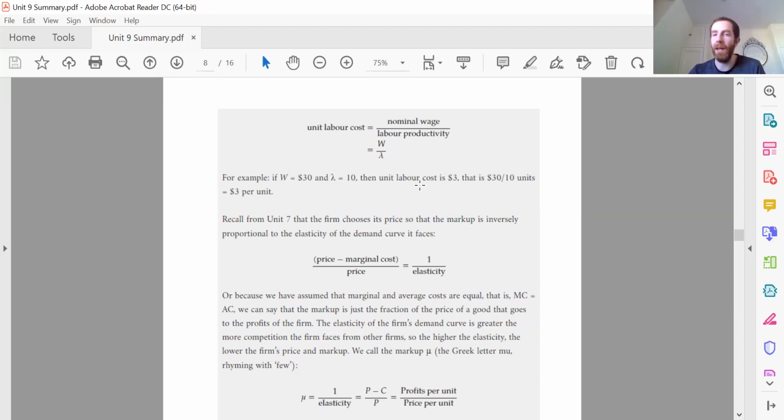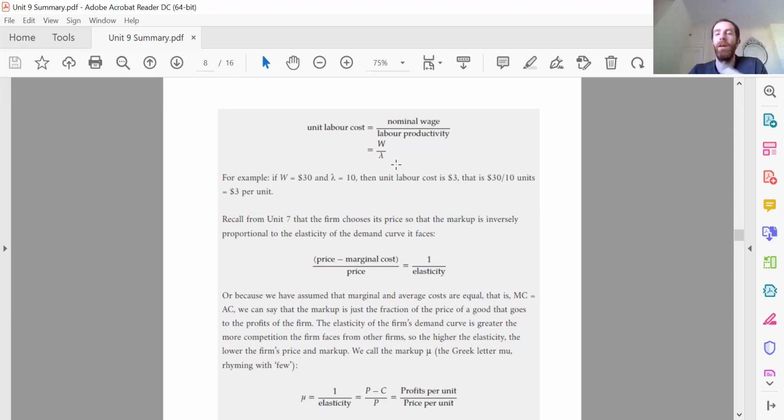And so the unit labor cost, as in the cost of labor per unit of output, is your marginal cost. Because that's what marginal cost is: the cost you have to pay to get an extra unit of output. It's $3. So we can think of the marginal cost of the firm as the nominal wage over lambda.